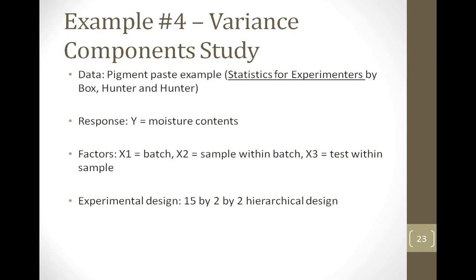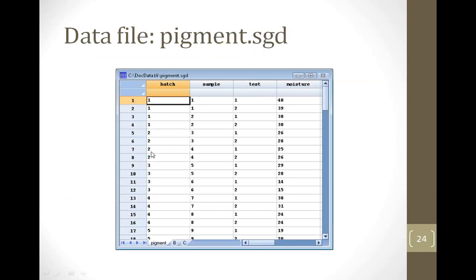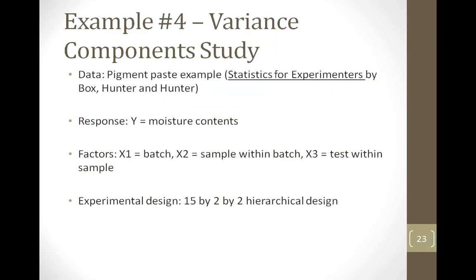So what they did is they did a classic variance component study. They took 15 batches. From each batch, they took 2 samples, and on each sample, they ran 2 tests. It's called a 15 by 2 by 2 hierarchical design.